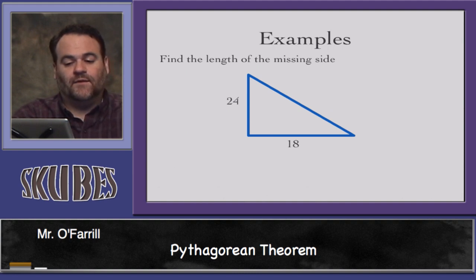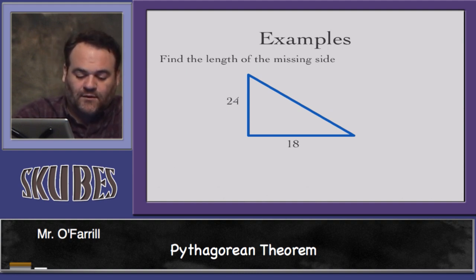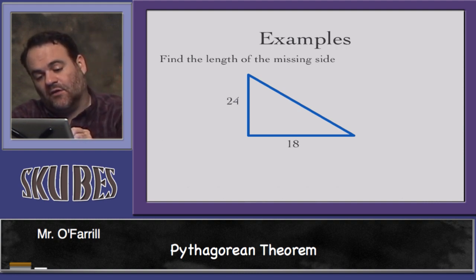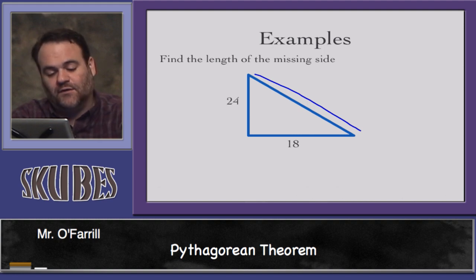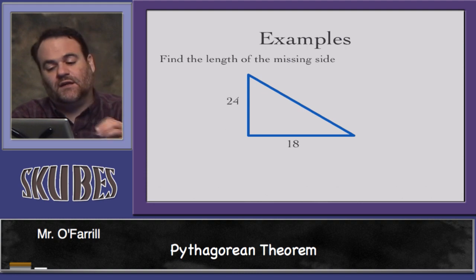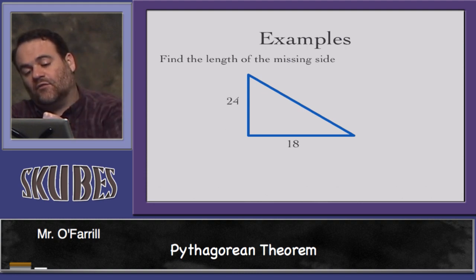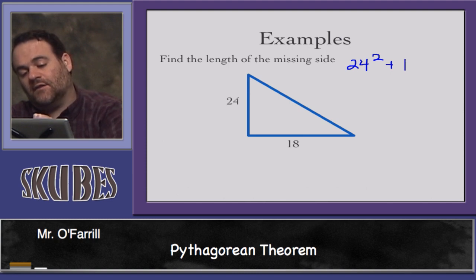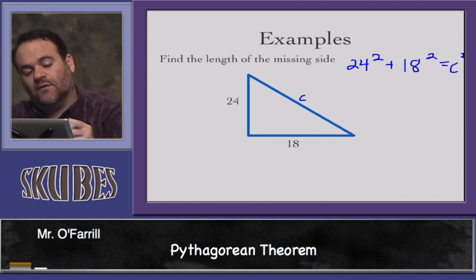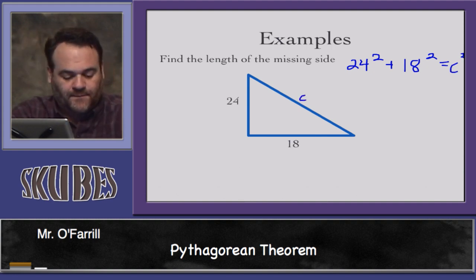So let's take a look at our first triangle. We're looking for the hypotenuse. Remember, the hypotenuse is the longest side of a right triangle, the one opposite the 90-degree angle. And all we're saying here is that 24 squared plus 18 squared equals, we'll call it c squared, which is the hypotenuse.